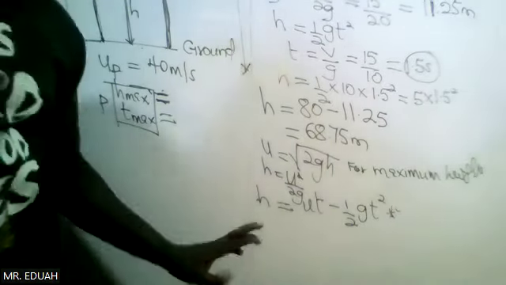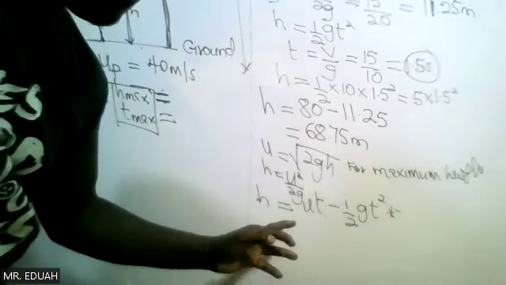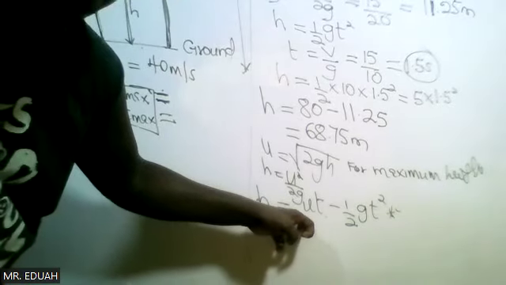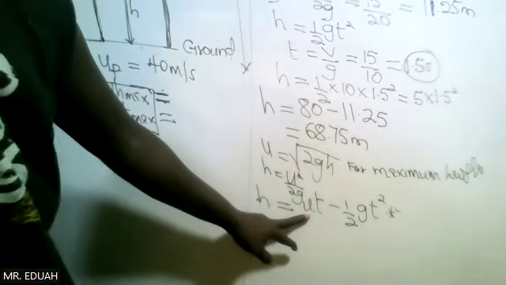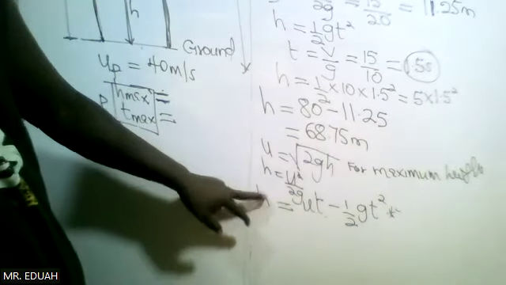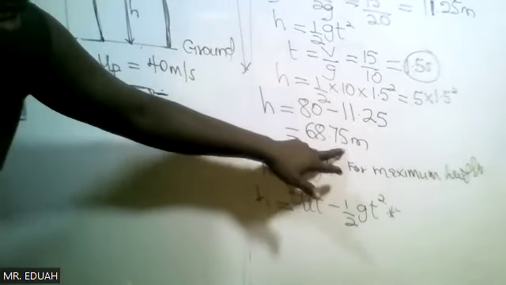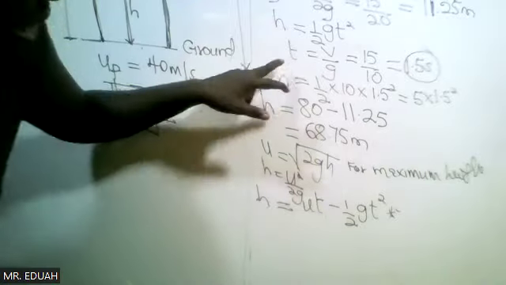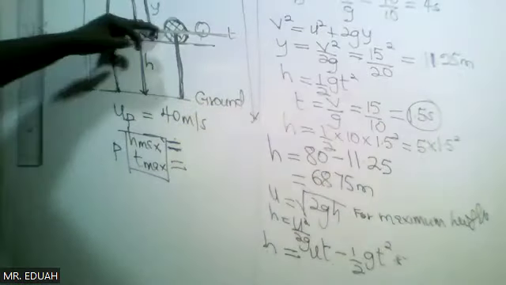Now, as the body has never gotten to the maximum height, velocity has not reduced to 0. So this is the relation to use. U is what you are looking for. H we know because we are looking at when they are crossing at a height. The time we know because when we calculated, we saw that they will cross each other at a time of 1.5 seconds.